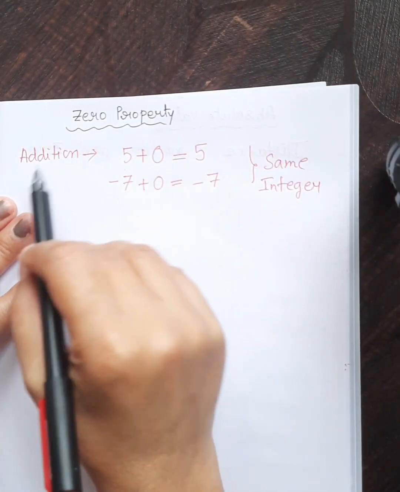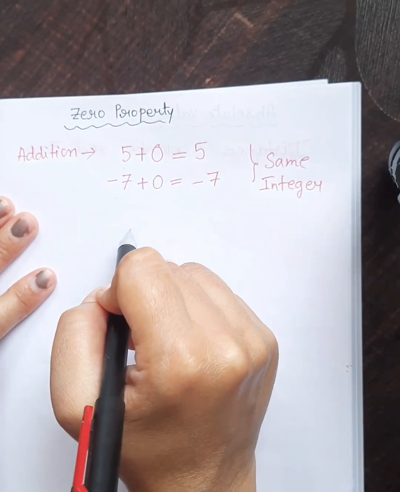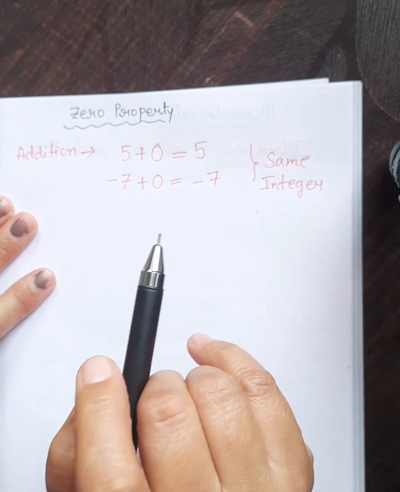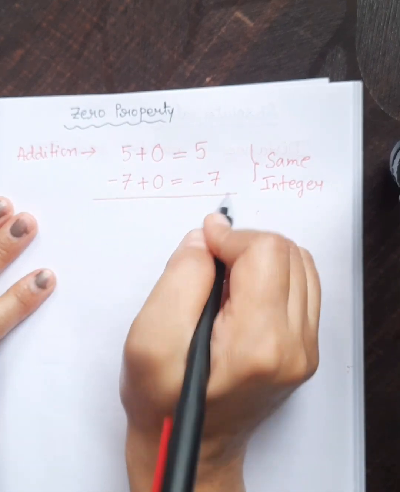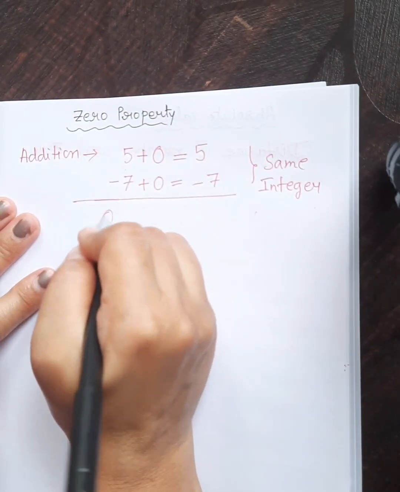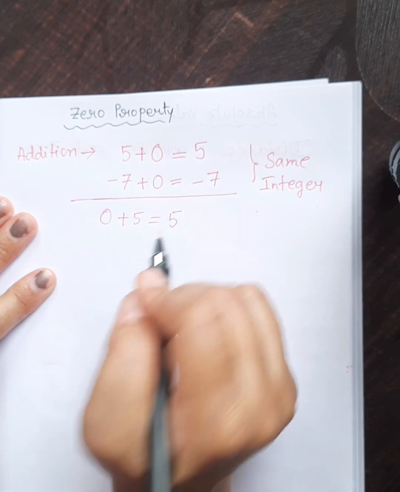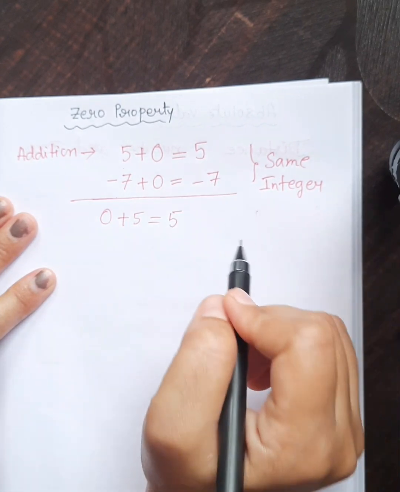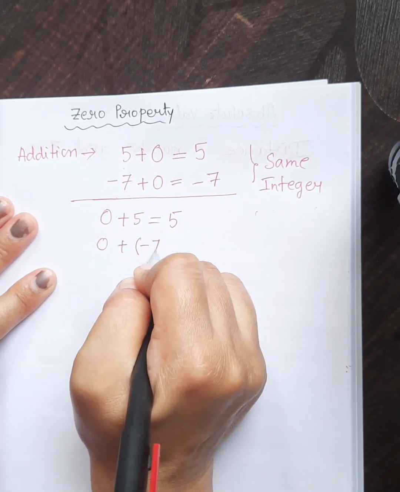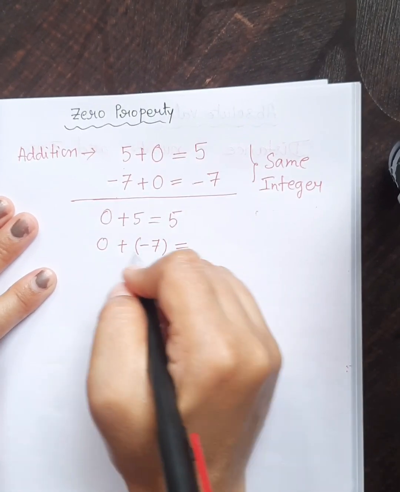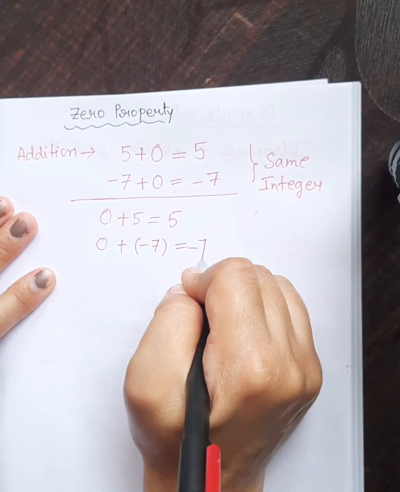So the zero property of addition is: when 0 is added to any integer, we get the same integer. If we change the place, suppose 0 plus 5, we get the same integer. 0 plus minus 7, minus plus minus, that means we get minus 7.